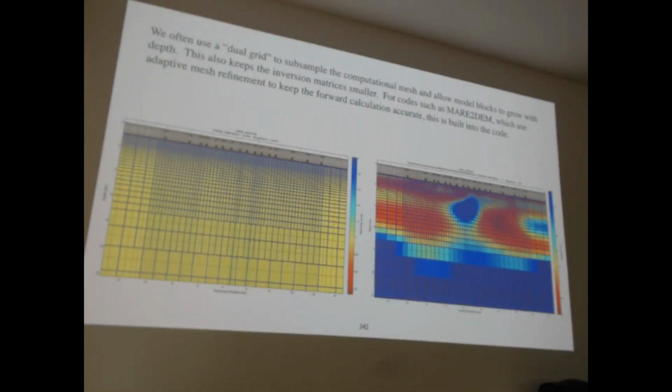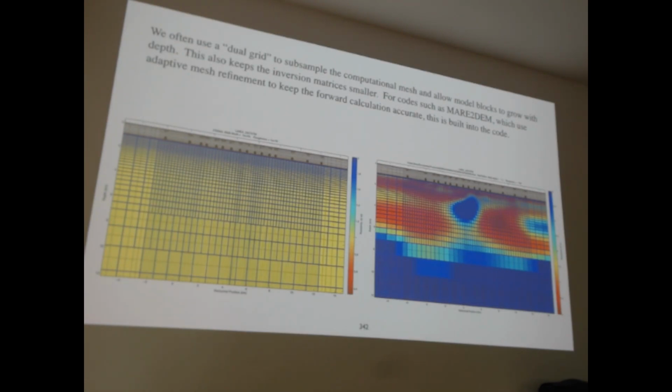Another trick is to use what's called a dual grid. You're trying to solve your forward problem using some finite element or finite difference model discretization. The model you're inverting for doesn't have to be that fine. So you can make your model parameters bigger than your forward calculation finite element or finite difference discretization.